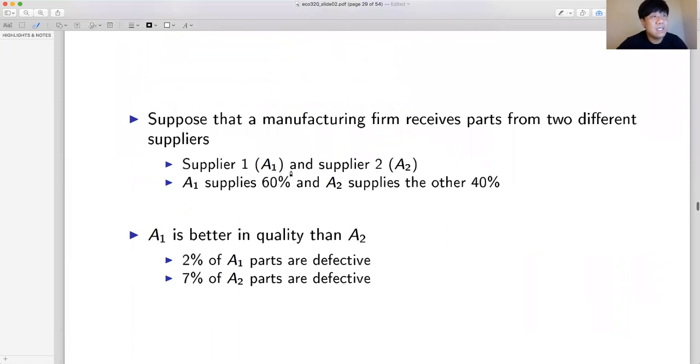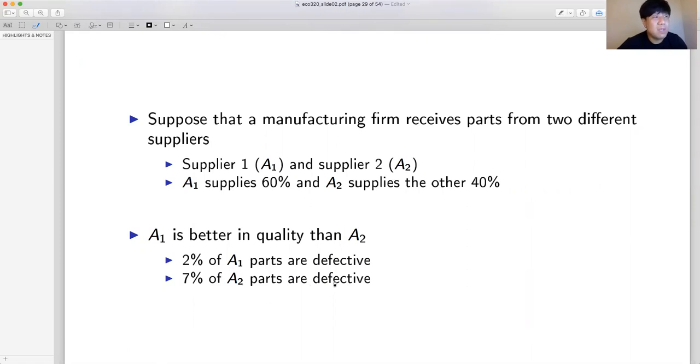A1 supplies 60%, A2 supplies the other 40%, right? Because the summation should always be 100, right? So if in exam I give you only this one, then that implies A2 is 40% without getting more information, right? So A1 is better in quality than A2. So 2% of A1 are defective and 7% of A2 are defective.